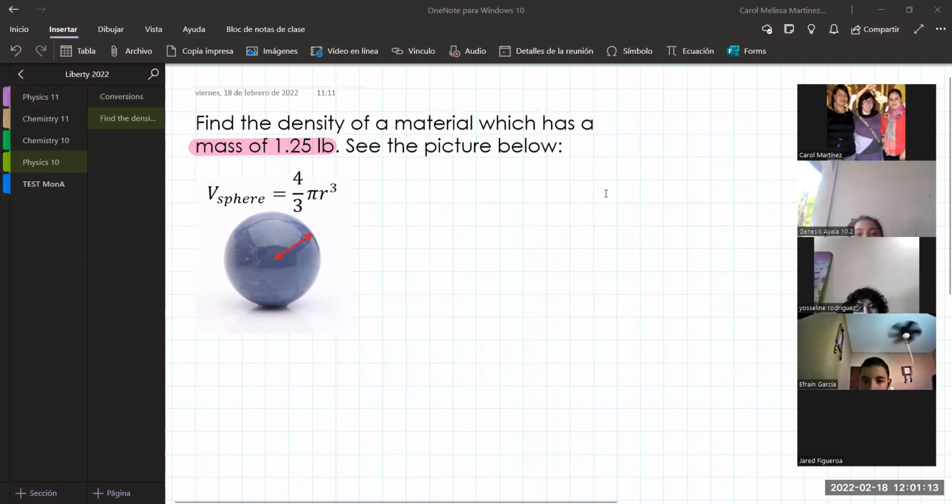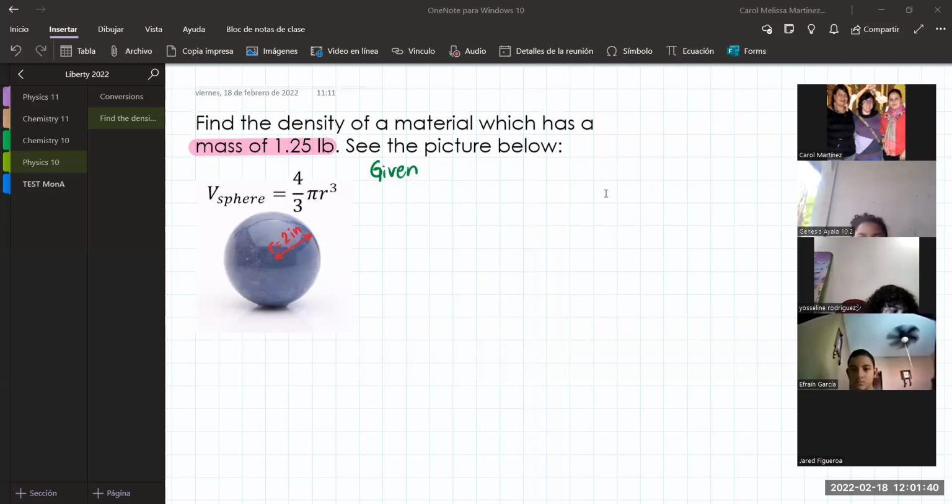Okay, so in this exercise, this is a sphere that has a radius of 2 inches. That's the radius, 2 inches. You can leave the formula like that, or you can just write your givens.